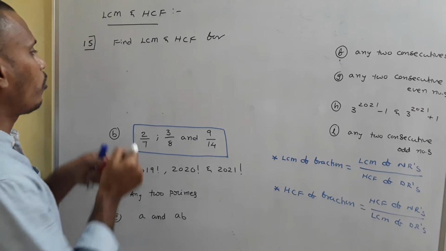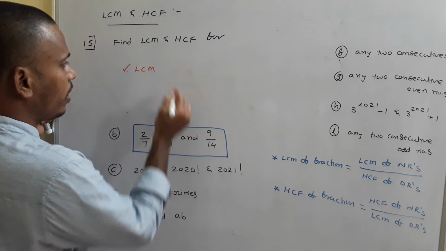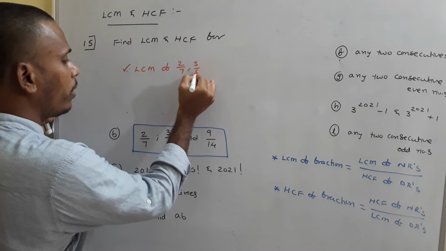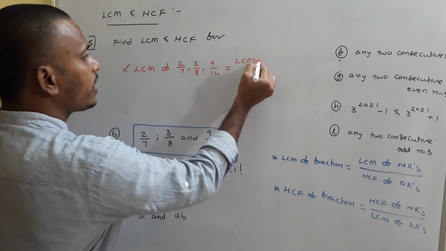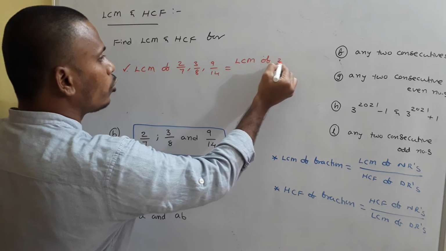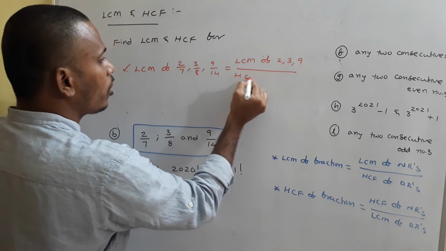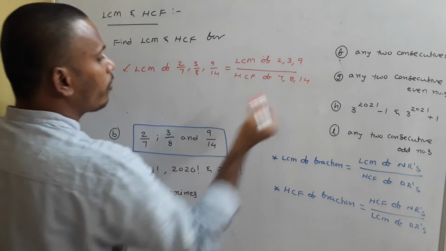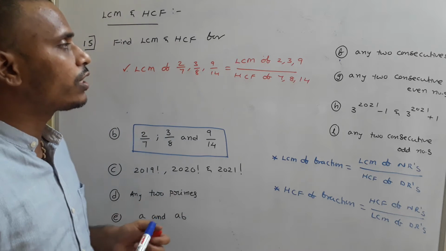First of all, I am going to calculate LCM here. LCM of 2 by 7, 3 by 8, 9 by 14 is equal to LCM of numerators 2, 3, 9 divided by HCF of denominators 7, 8 and 14. What about the LCM of 2, 3 and 9?